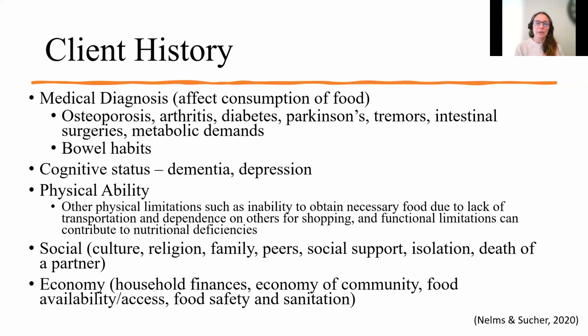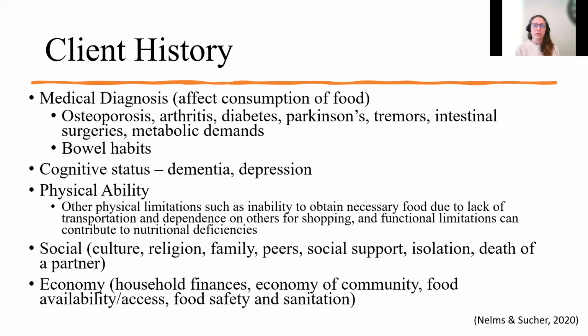And then bowel habits, struggling with constipation, diarrhea, getting enough fiber. And as patients are increasing fiber, talking about hydration, thinking about chronic diseases or diseases that might occur along with aging, and cognitive status, dementia. And again, remembering to eat, or remembering when someone is hungry, remembering how to cook, having the ability to go and get groceries, to drive a car, depression affecting that.